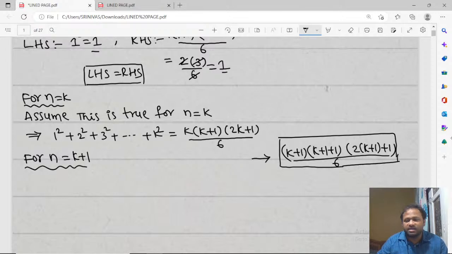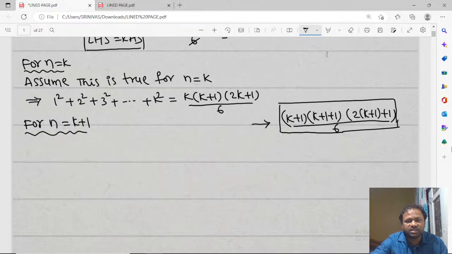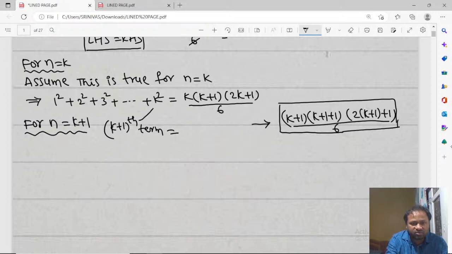Okay, right. So for this, I will add the k plus 1th term. K plus 1th term, how can we write? Instead of k, you have to substitute k plus 1. What we get?